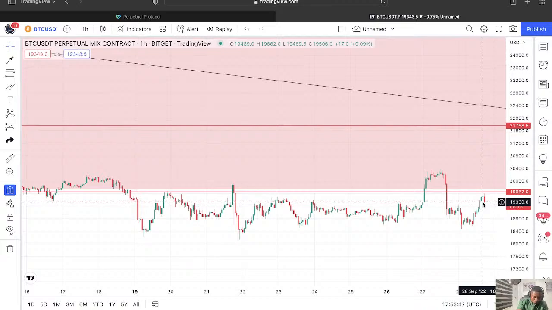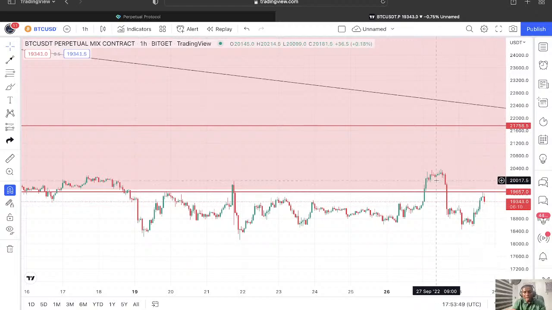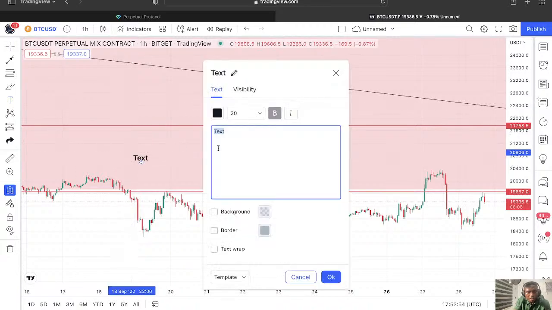Okay, so let's say you have a $1,000 account, all right, you have $1,000 in your account. And you are looking at a risk to reward ratio of 1:2. All right, you are looking to risk 1% and make 2%.